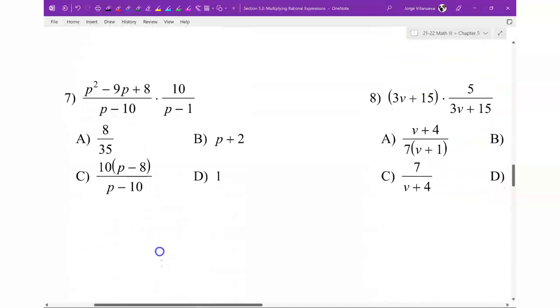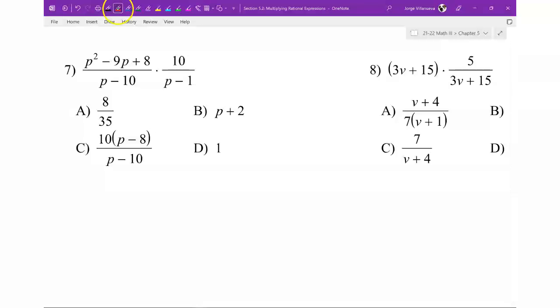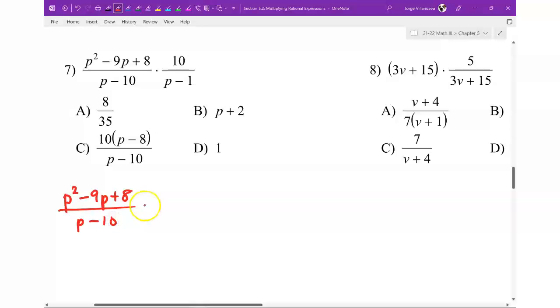Now let's look at 7 and 8. So let's do number 7. Okay? We're going to do number 7. So p squared minus 9p plus 8 over p minus 10 times 10 over p minus 1. Now usually what I do is I ask myself, okay, this is two big fractions here. Do I have to factor anything anywhere?